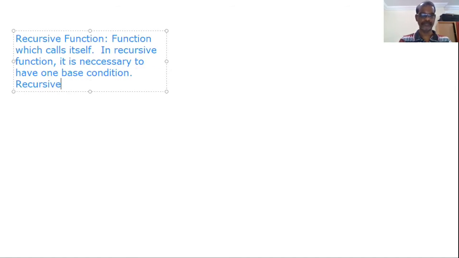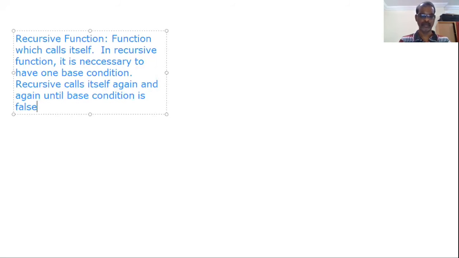A recursive function calls itself again and again until the base condition is true. Once the base condition becomes true, the recursive function does not call itself anymore. That's all. So a function which calls itself is called a recursive function.